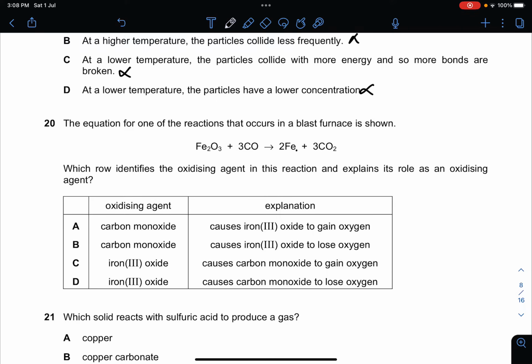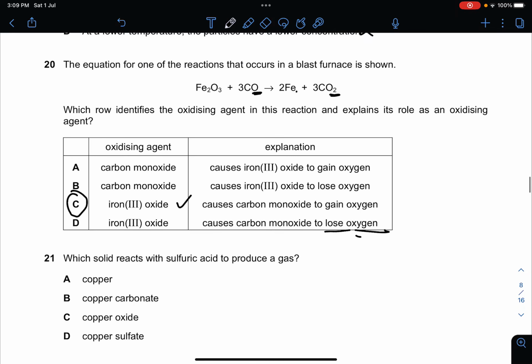So the oxidizing agent would be iron(III) oxide. Okay, so causes the carbon monoxide to gain oxygen. No, to gain oxygen. Yes, correct. That's what it gets, O2. Okay, it forms CO2. So the answer is C. It doesn't lose oxygen because 3CO to 3CO2.